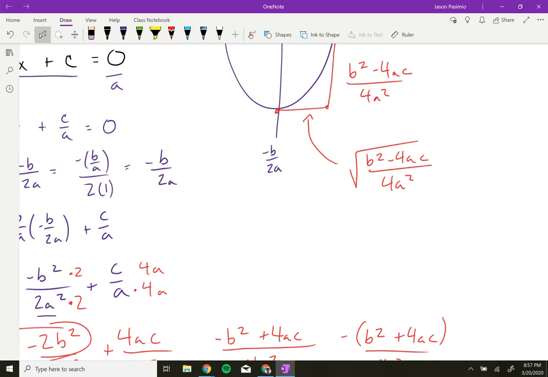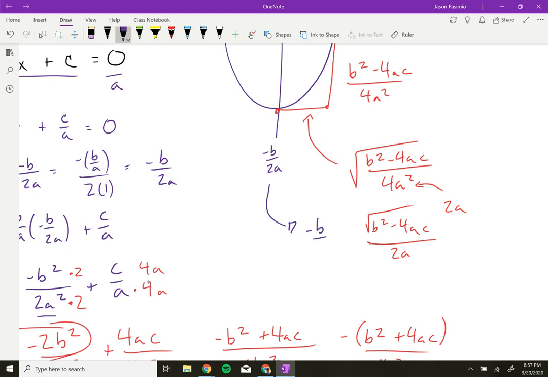Right. So if I do that, now I want you to notice right there, 4a squared, I can actually take the square root of that. So the square root of 4a squared is 2a. So this is actually the square root of b squared minus 4ac over 2a. And then this is what I'm going to add or subtract to this.